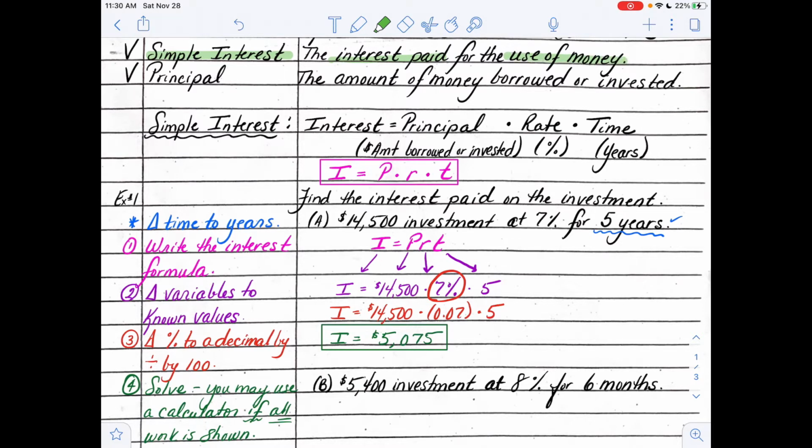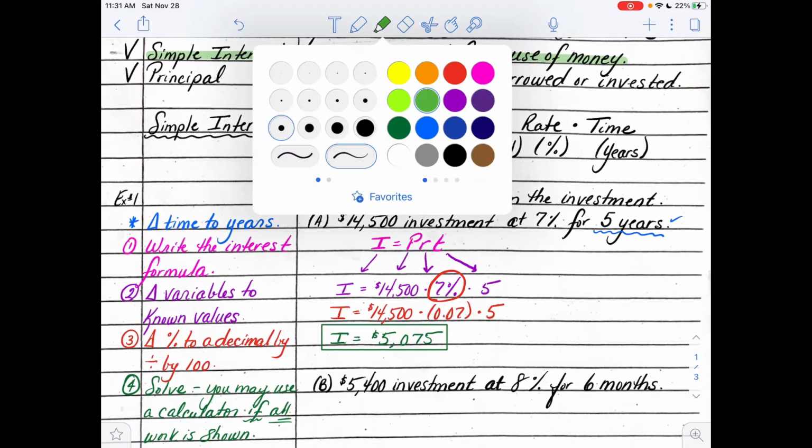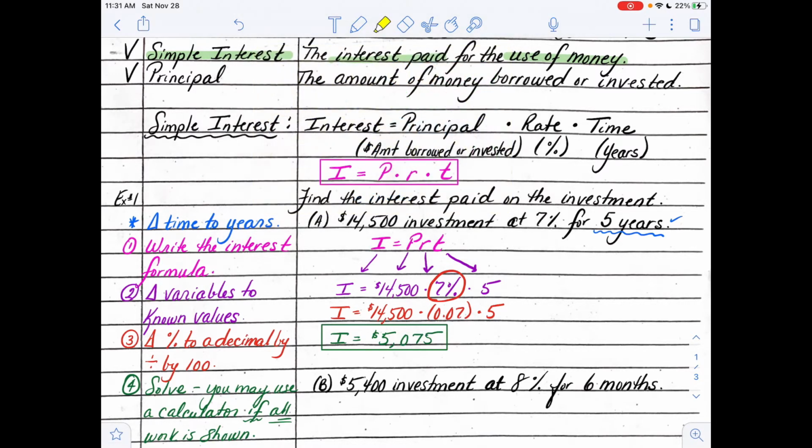When you put your money in the bank, you'll notice about every month or every 3 months, you will see a little extra money put into your bank account for doing nothing other than just letting the bank hold your money and use it. So simple interest is that extra money that has to be paid for the use or borrowing of money.